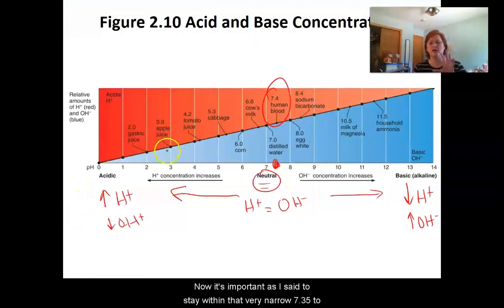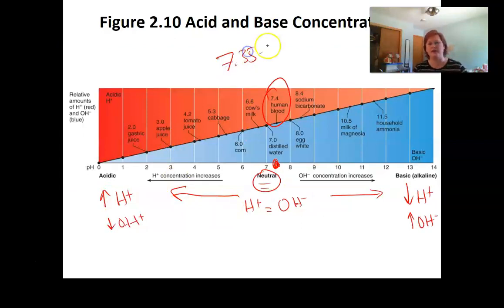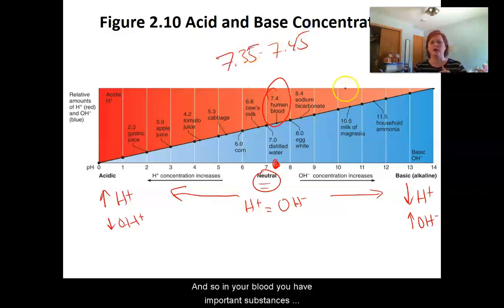Now, it's important, as I said, to stay within that very narrow 7.35 to 7.45 range. And so in your blood, you have important substances that are going to help us maintain that range, and we call these buffers.